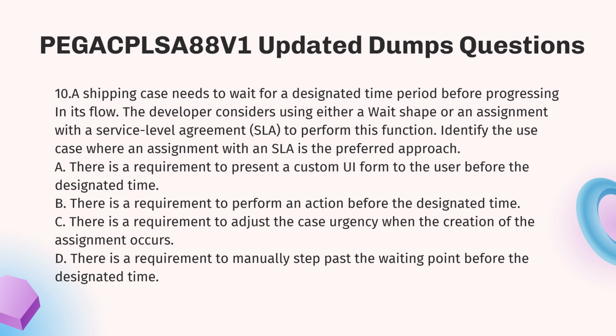A. There is a requirement to present a custom UI form to the user before the designated time. B. There is a requirement to perform an action before the designated time. C. There is a requirement to adjust the case urgency when the creation of the assignment occurs. D. There is a requirement to manually step past the waiting point before the designated time.